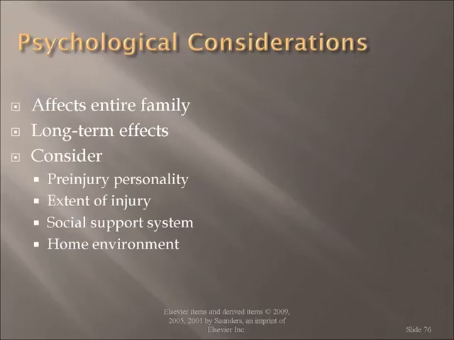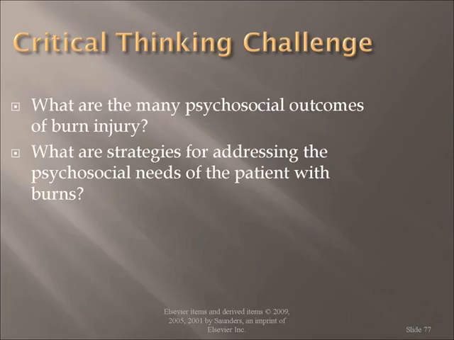There will be long-term effects. You have to consider what the pre-injured personality was, what the extent of the injury is, what the social support system of the patient and the family is, and what their home environment is. A critical thinking question: what are the many psychosocial outcomes of burn injuries? And what are strategies for addressing the psychosocial needs of the patient with burns?